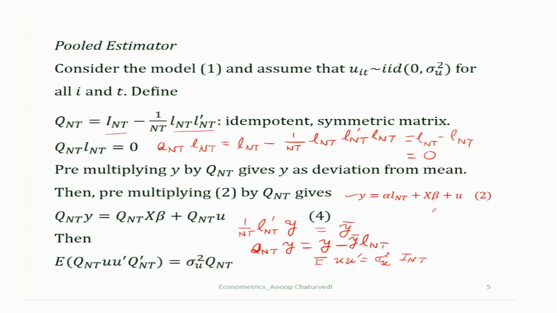So, you can take sigma square u outside, then inside you get Q_nt Q_nt transpose, which is Q_nt square, and again Q_nt is idempotent. So, you obtain Q_nt. The variance covariance matrix of this disturbance term is sigma square u Q_nt.